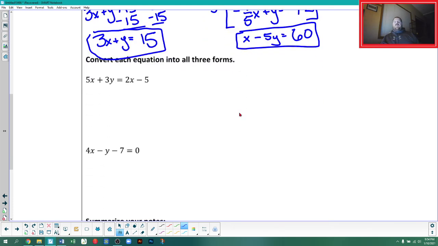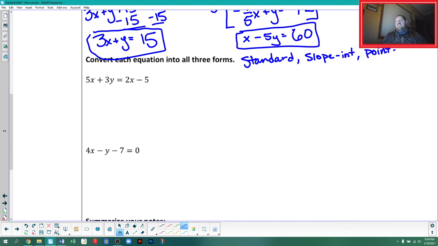And now for these ones, we want to convert them into all 3 line forms. Okay? They're what we call kind of in no specific form, and we want to turn them into all 3. And so the 3 that I'm talking about is standard, slope-intercept, and point-slope.